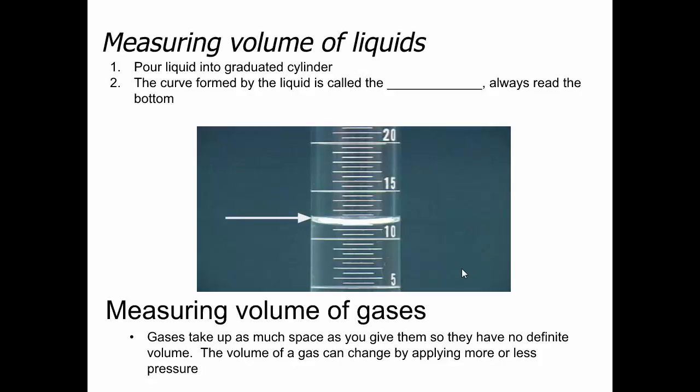Have you guys used graduated cylinders before? Some have. When you pour water in, it forms a curve in the graduated cylinder, because water is sort of sticky with the inside of the glass. It's called a meniscus.